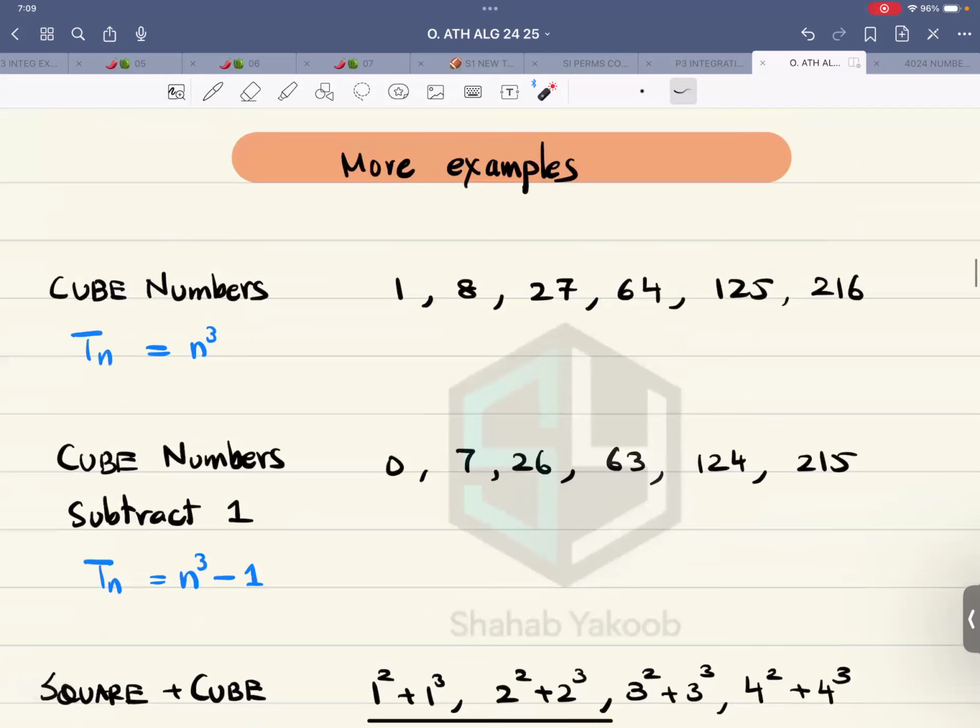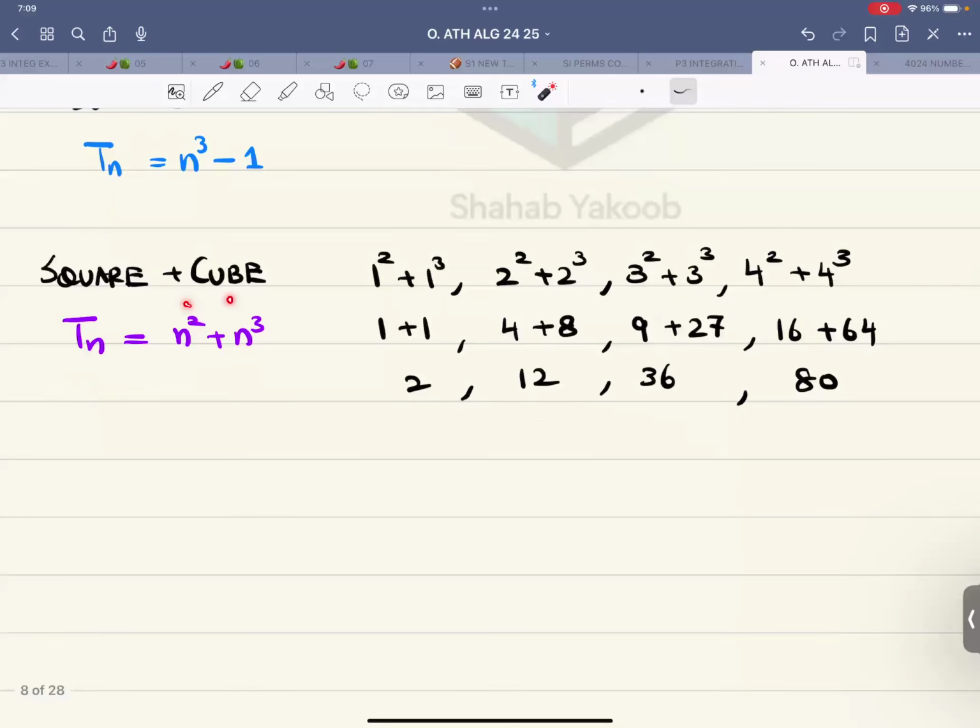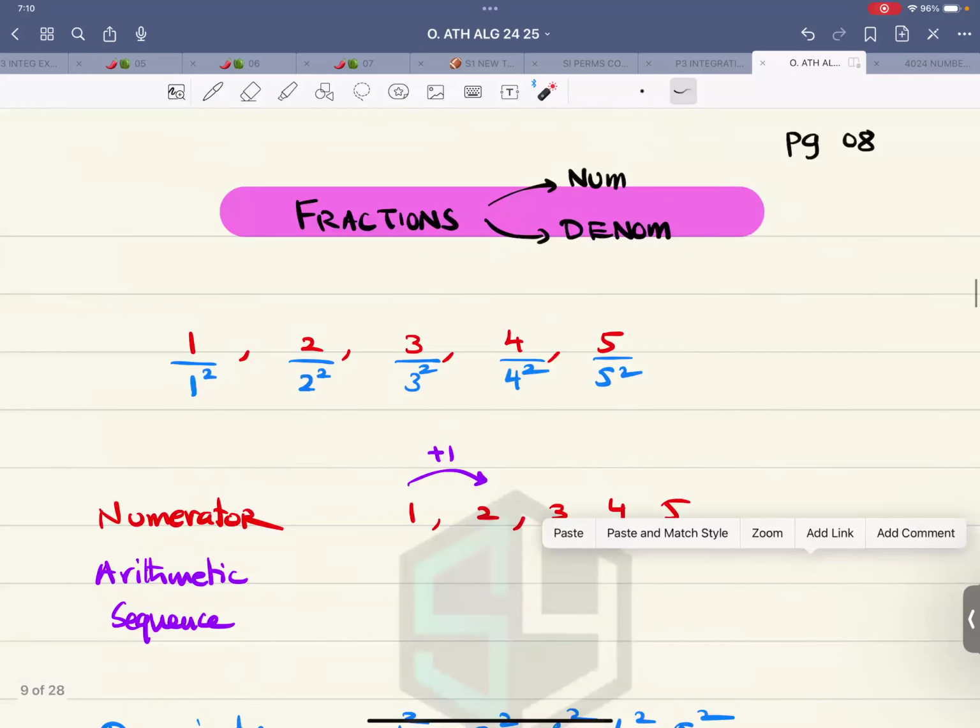More examples. Now, these are cube numbers. 1 cube, 2 cube, 3 cube, that is n cube. Cube numbers, subtract 1. 1 minus 1 is 0, 8 minus 1 is 7, 27 minus 1 is 26, n cube minus 1. Square plus cube, n square plus n cube, 1 square plus 1 cube, 2 square plus 2 cube, 3 square plus 3 cube, and so on.